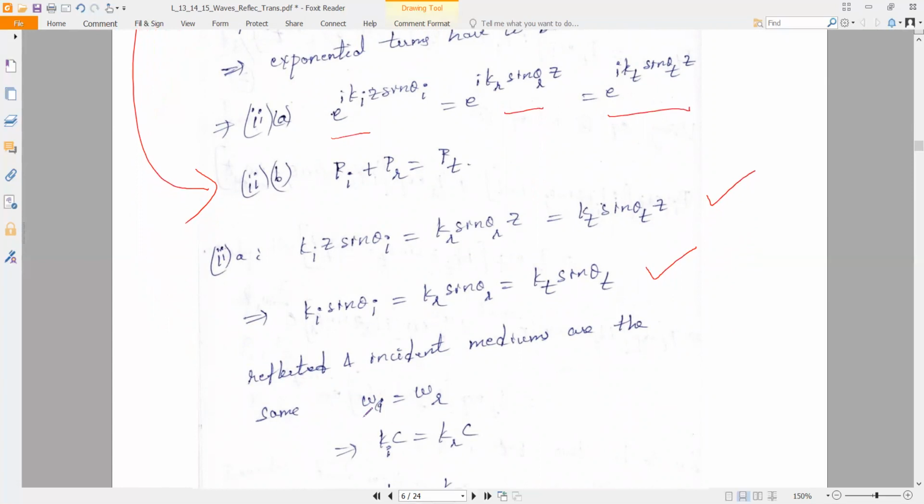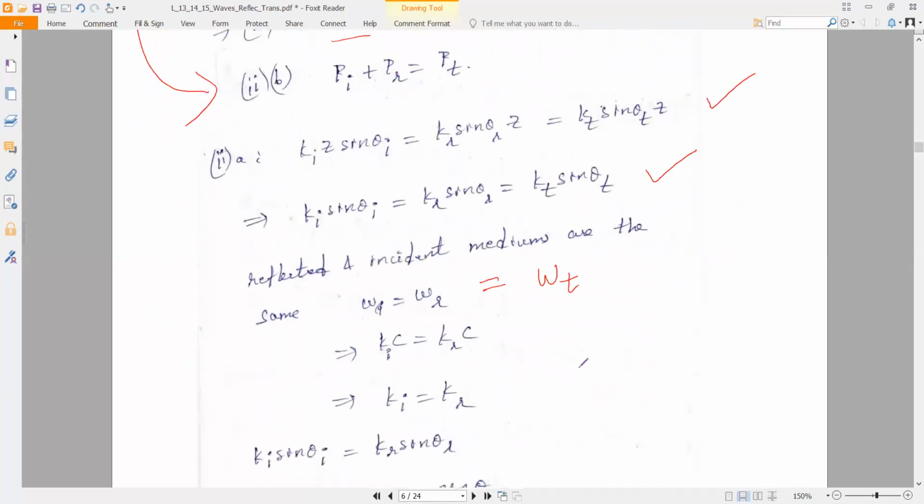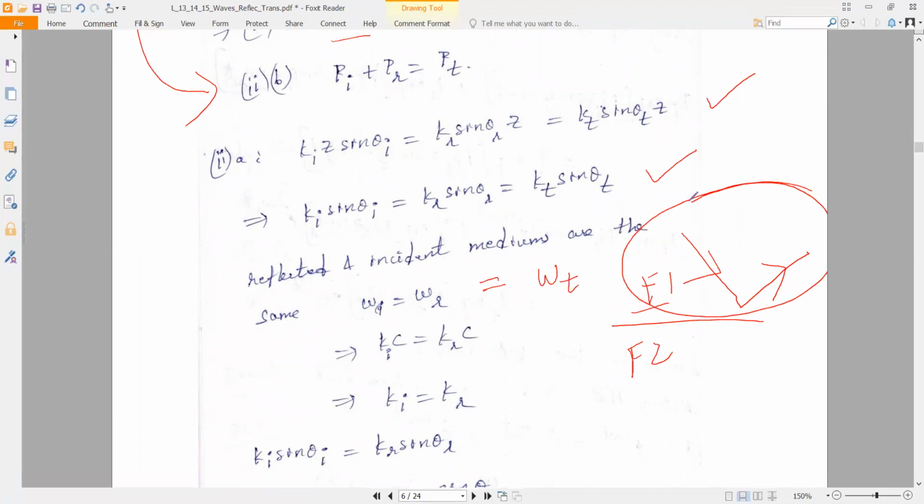Omega incident is the same as omega reflected, is the same as omega transmitted. Which means, what is omega? Omega is k times c. In medium 1, I am talking about the first medium, fluid 1 and fluid 2. Fluid 1, whether it is incident or reflected, the wave remains in the first fluid, which means both these waves will have the same phase speed c or c1.